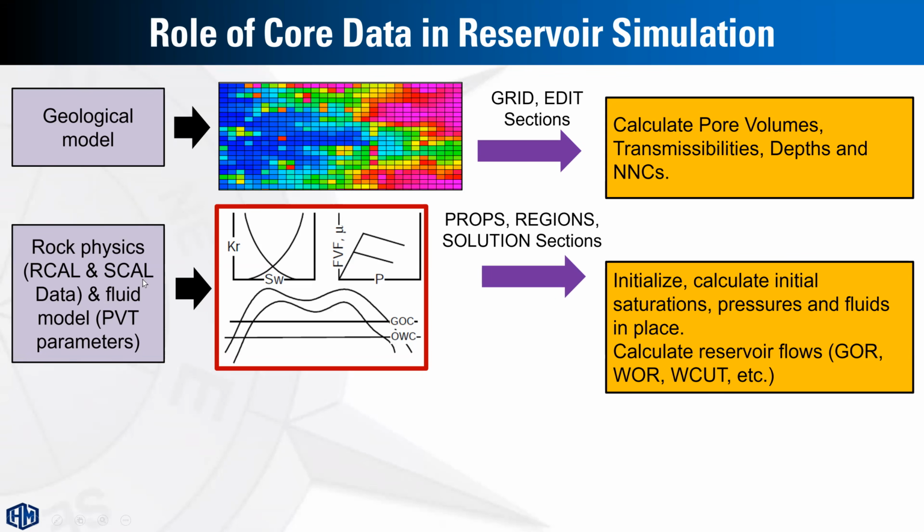You can define porosity, conventional and special core analysis data, to initialize your model and calculate the initial saturation in your 3D grid, identify the initial pressure distribution, and calculate the in-place volumes, and also calculate the reservoir flows using the measurements of relative permeability to calculate gas oil ratio, water oil ratio, water cut, and other production parameters in case we have multi-phase flow at reservoir conditions.